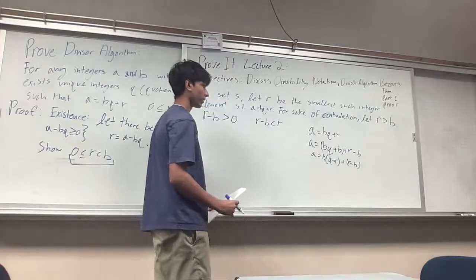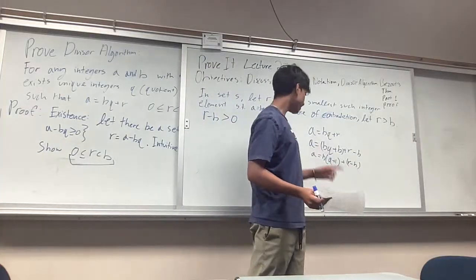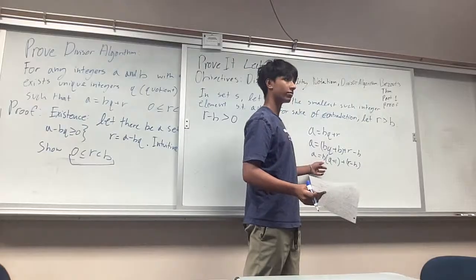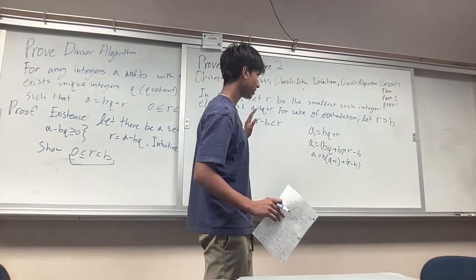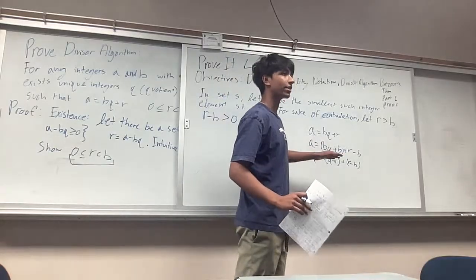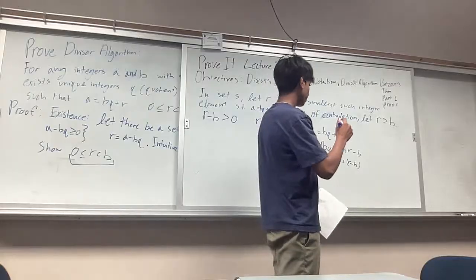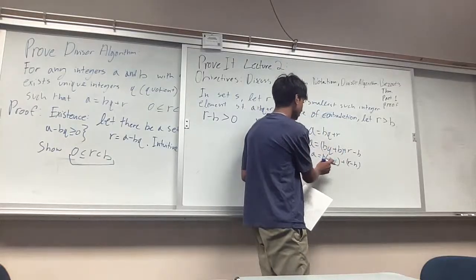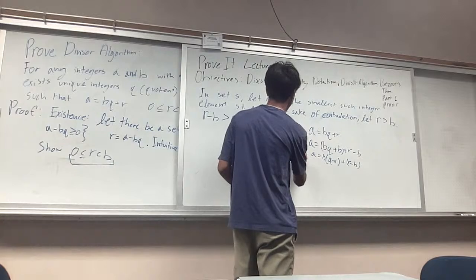Why is this important? Well, what are things that we're not allowed to change? We're not allowed to change a or b, right? Because they're already defined as our integers. And we didn't even change anything. We're just writing it a different way, right? But do you agree that this is in the form a equals bq plus r?